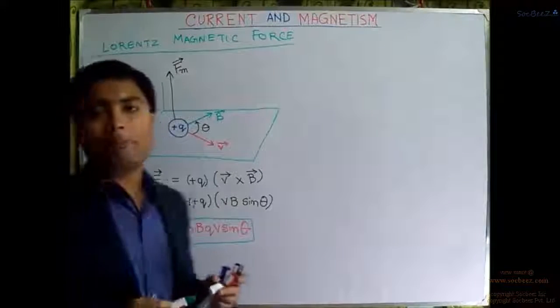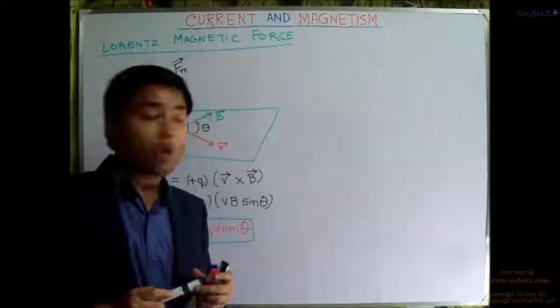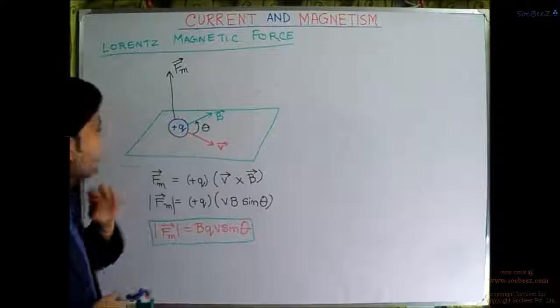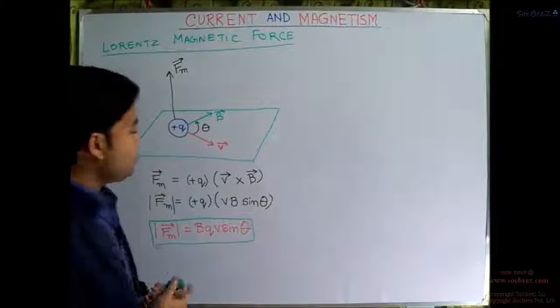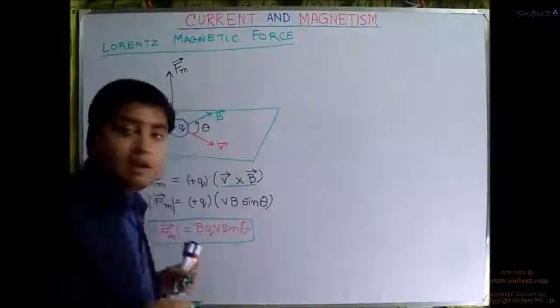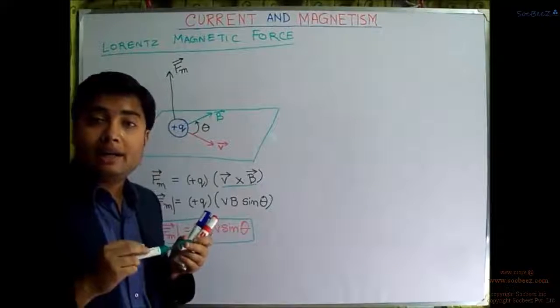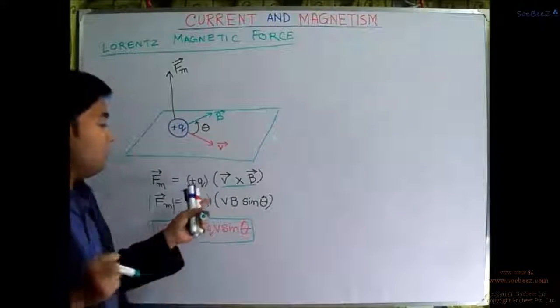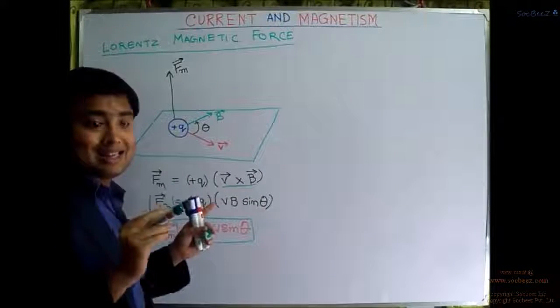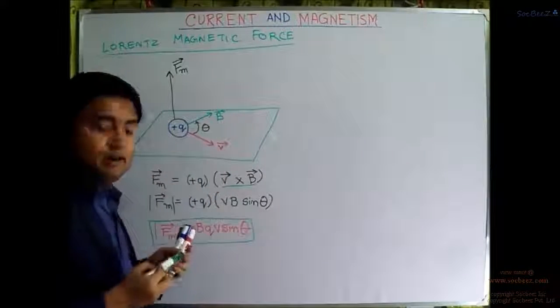Now how do we determine the direction of this Lorentz magnetic force? Again, this is a cross product, and the direction will be along the axis perpendicular to this plane.